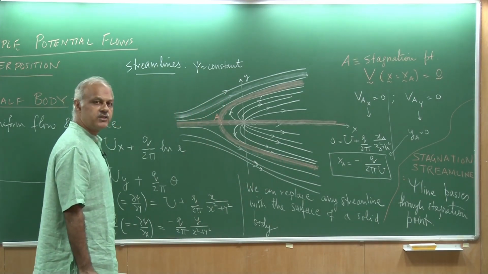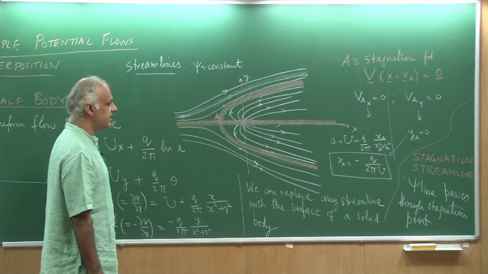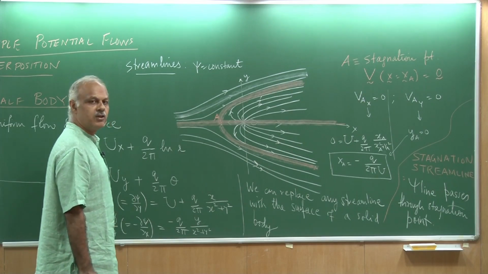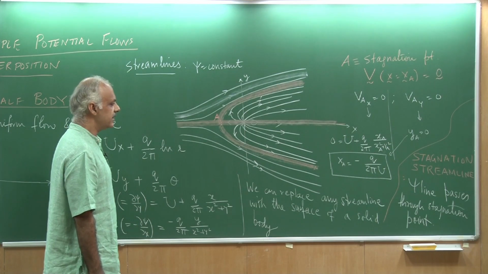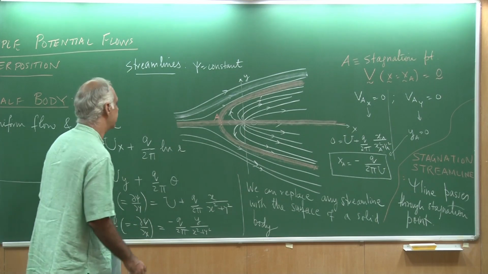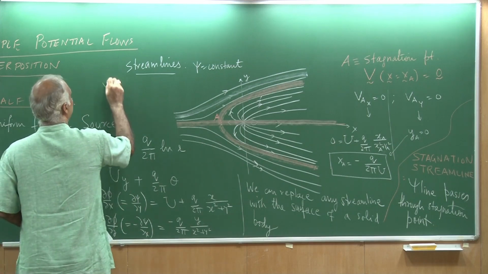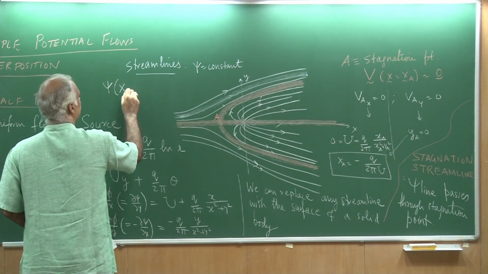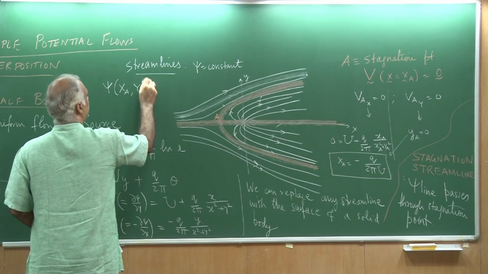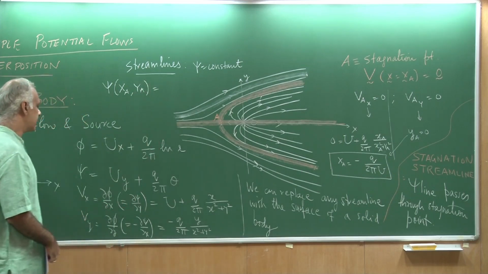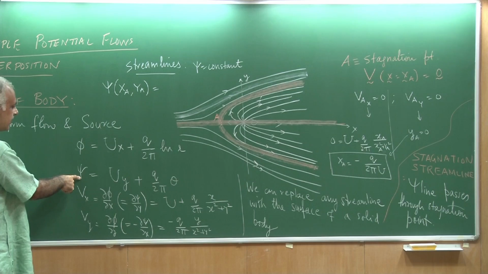The way to find the equation for the stagnation streamline is that first I estimate the value of psi at x_a, y_a. I can do that very easily. So psi at x_a comma y_a, where these are the stagnation points. I go to this equation.